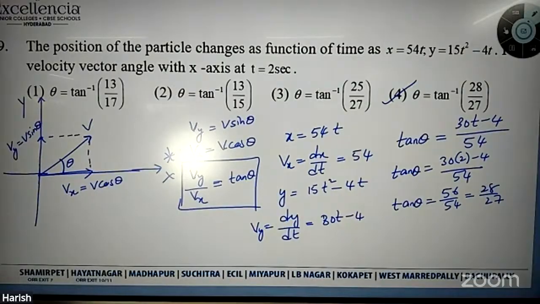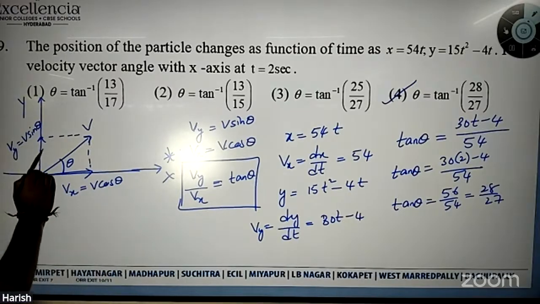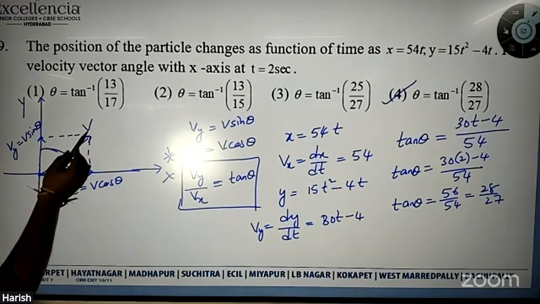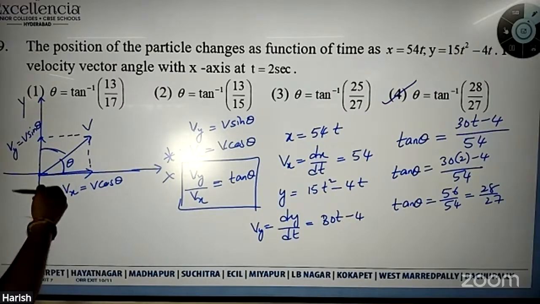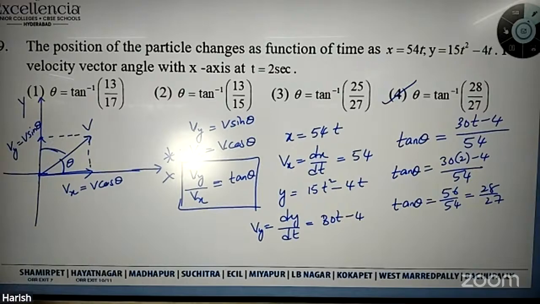These are standard routine formulas. If they ask for the angle made by velocity with the y-axis, then you can take this as theta and write tan theta as Vx by Vy. That's it.